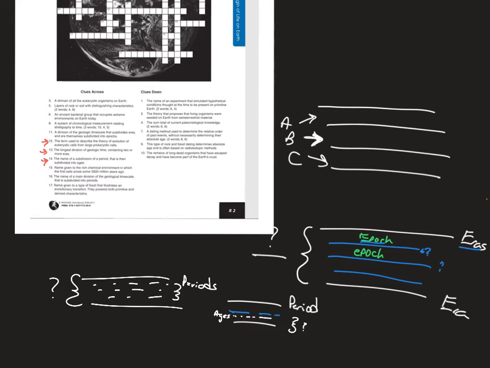So what do we call fossils that show evolutionary transition? So as we go from, let's say, dinosaur, like land running dinosaur to bird, right?